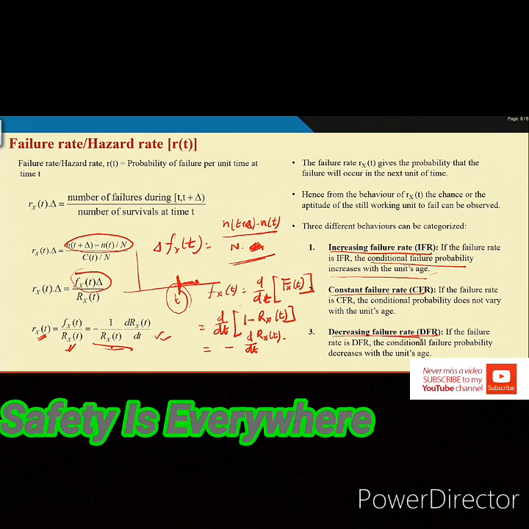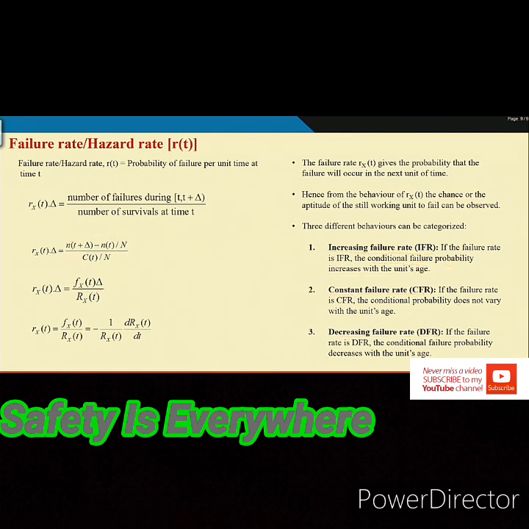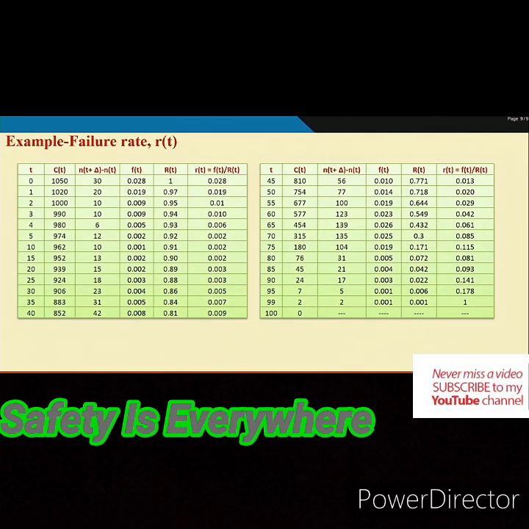If it is a decreasing failure rate, the probability of failure decreases with the unit's age. If it is a constant failure rate, there is no change in the probability of failure with age, at least for a particular period of time. That is the explanation of hazard rate, but hazard rate is better understood by the bathtub curve. We will describe that, but before that, please see one tutorial here.